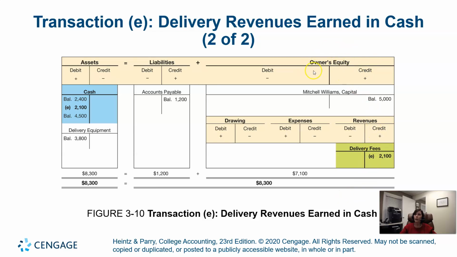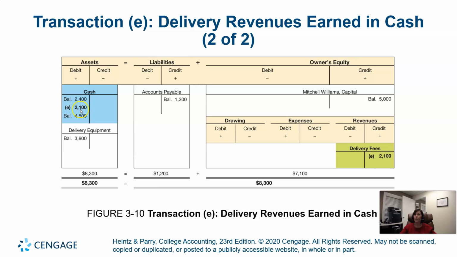Here we are under, and I won't take my umbrella out, but under the owner's equity, if you recall, the delivery fees live under this umbrella. Revenue lives under this umbrella, and delivery fees is a revenue account. And when we earn money, that's a credit. Now, that money that we've earned came to us in the form of cash.